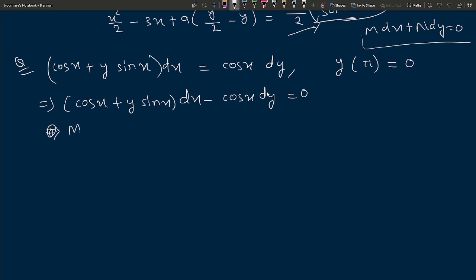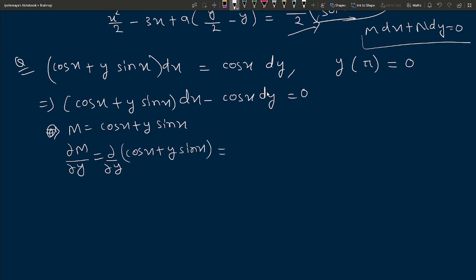What is M? M is what is multiplied with dx, that is cos x plus y into sin x. So what you will do, you will find del M by del y. M is your cos x plus y into sin x. Now partial derivative with respect to y, so x is constant.